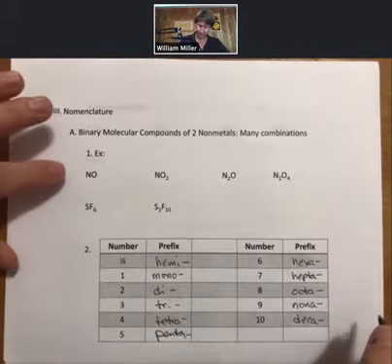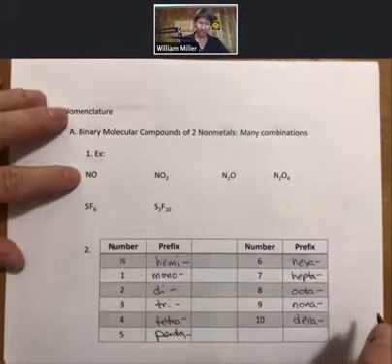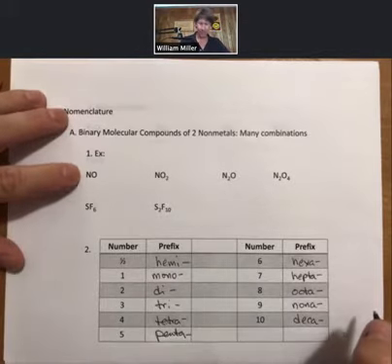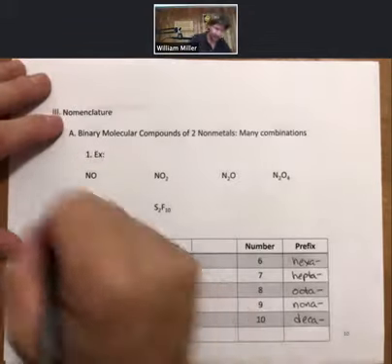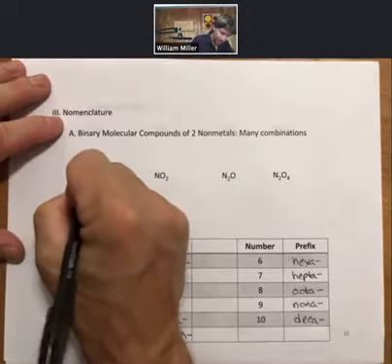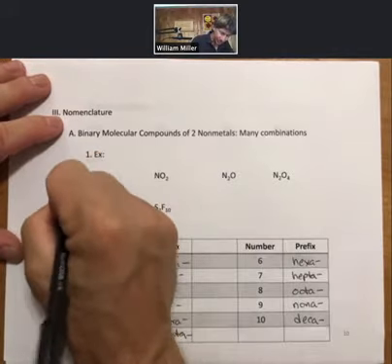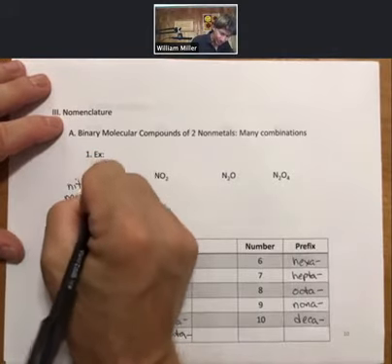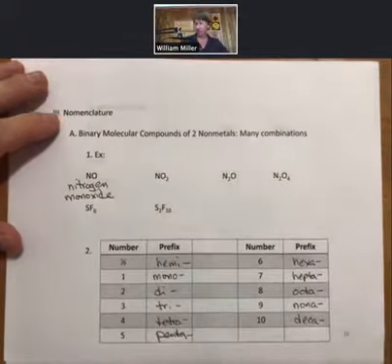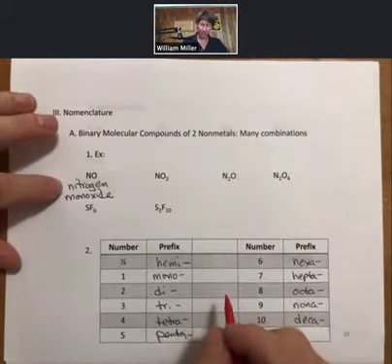Let's go ahead and start naming binary molecular compounds now. This first one is going to be nitrogen monoxide. And two things about this.